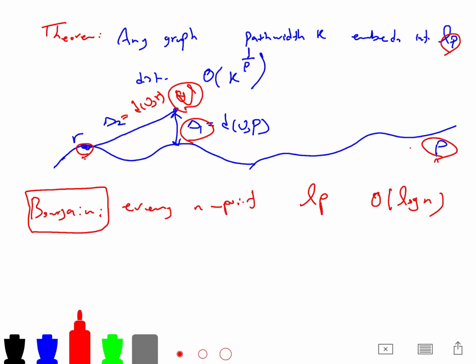So what is your embedding? The shortest path decomposition. Given a weighted graph, a shortest path decomposition of depth k is a pair, where X is a collection of partial partitions, and P is a collection of sets of paths.